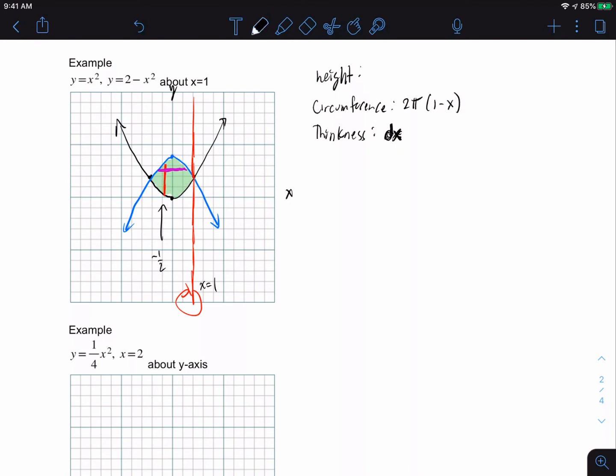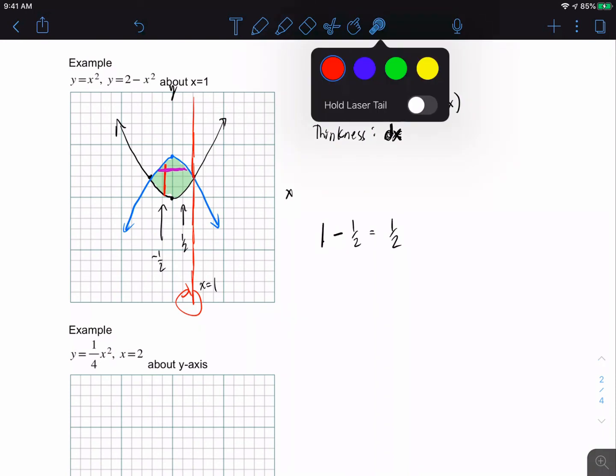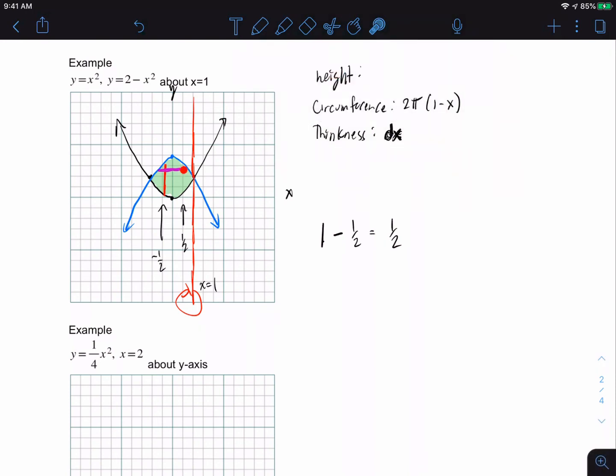So let me do it with numbers for you guys, okay? So I said this was a half, right? My radius is the pivot point of that red line. So I'm going to go 1 minus a half gives me a radius of a half, correct? You guys agree that if I'm here, the radius to the red line is only a half distance away, correct? Okay, cool.